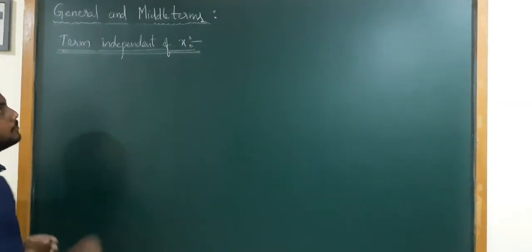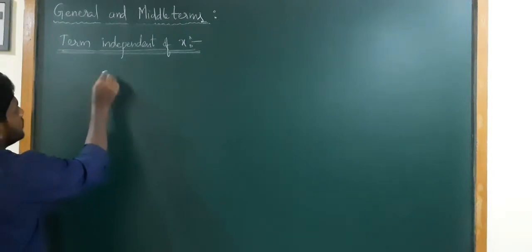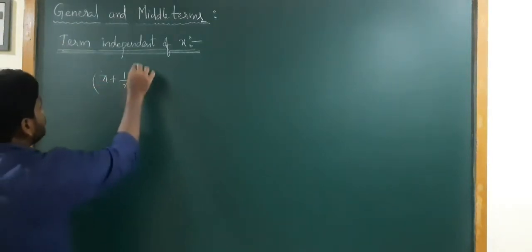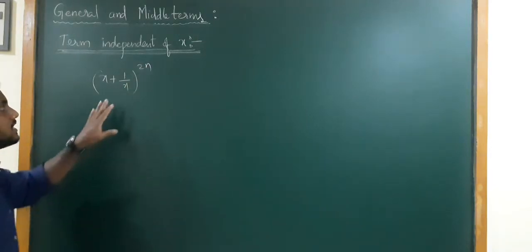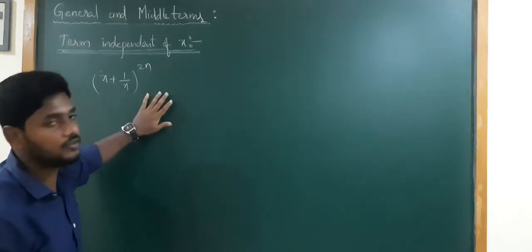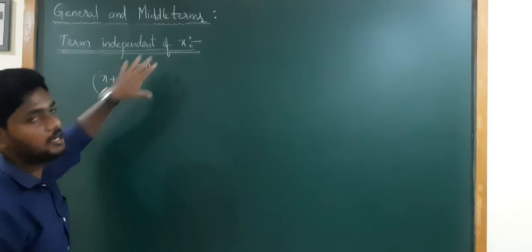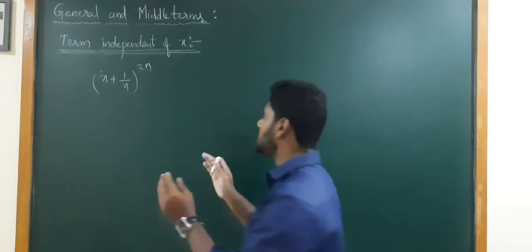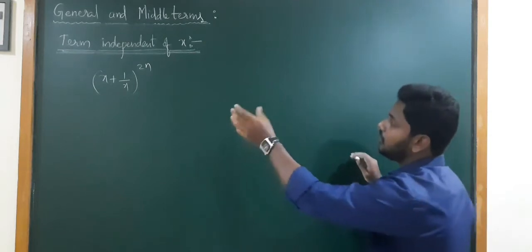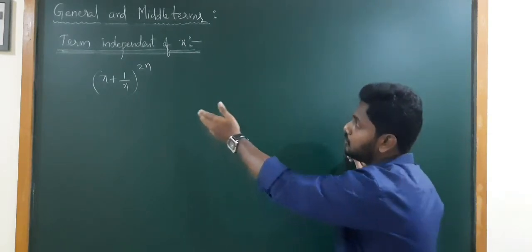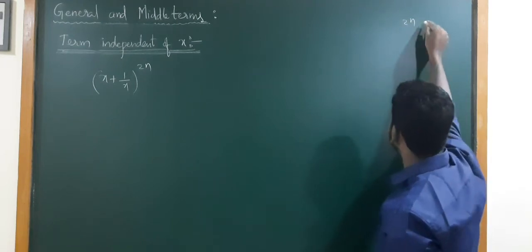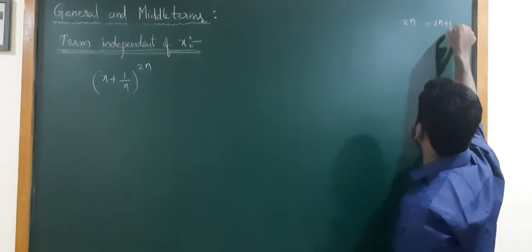How to find the term independent of x? For example, if the question is (x plus 1 by x) whole to the power of 2n. In this expansion, find the term independent of x. We cannot think about all those terms, right? Whole to the power of 2n means how many terms will be there? 2n plus 1 terms will be there.